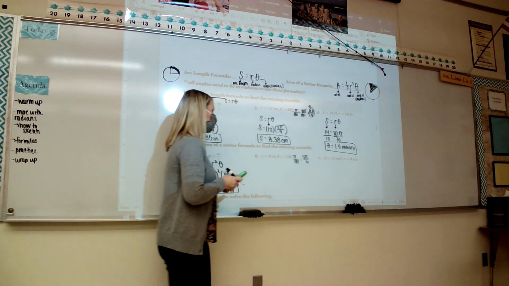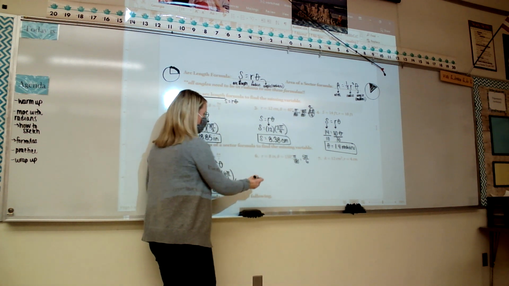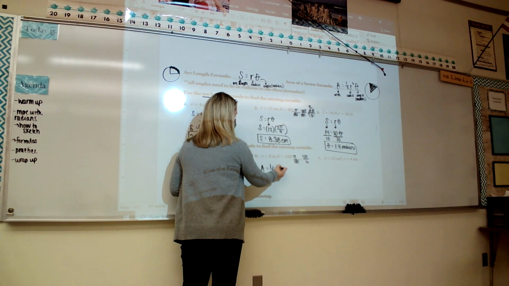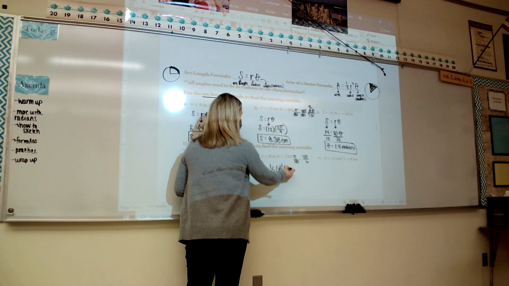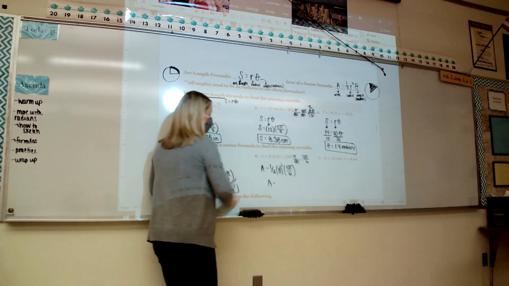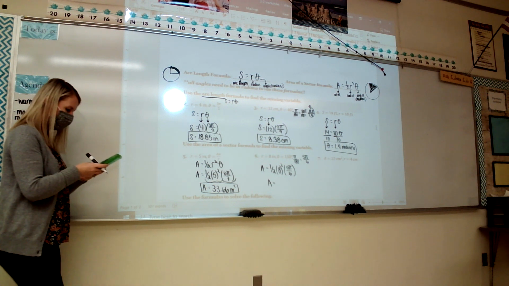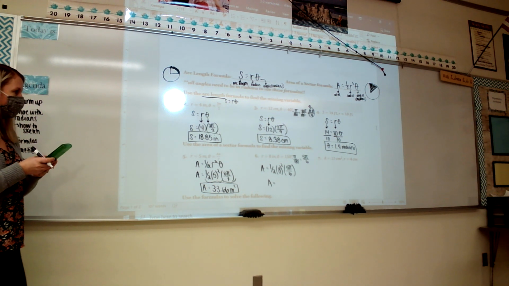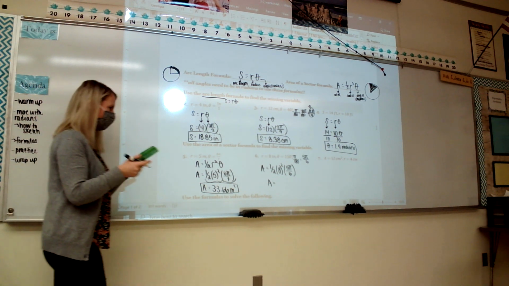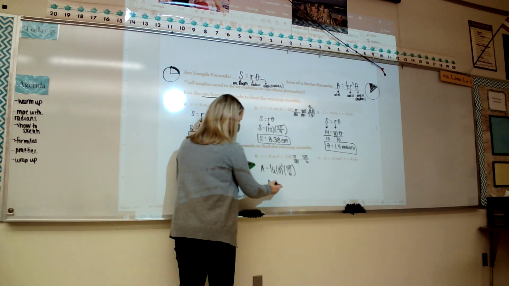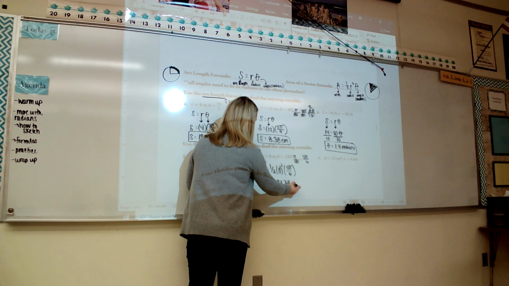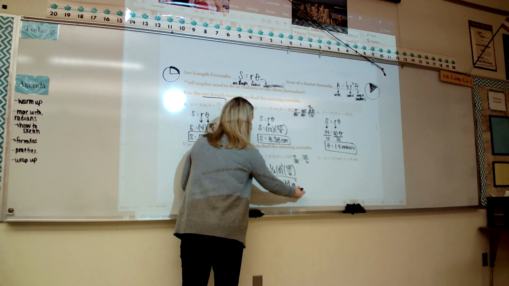So that's what I'm going to use for my theta. 1/2, 8 squared, and then 5 pi over 6 because I need to use the radian measure. Then I just use my calculator and get 83.78. And that's inches, and remember it's always squared when you're finding an area.